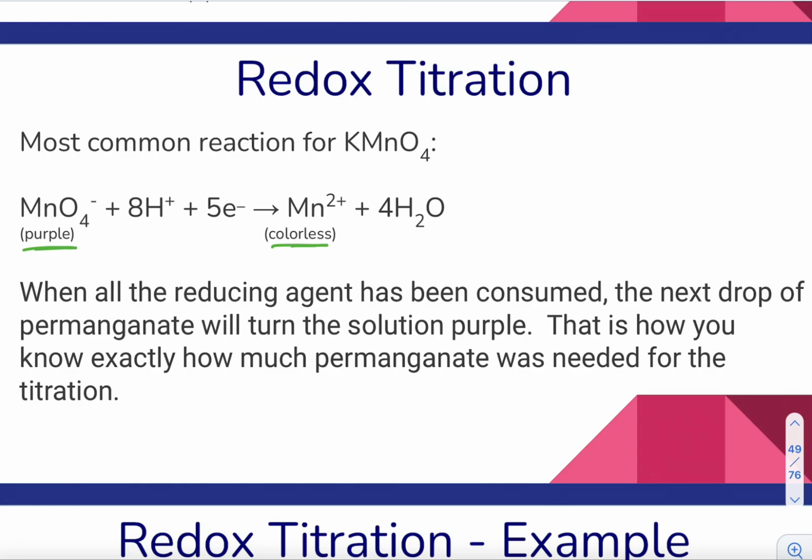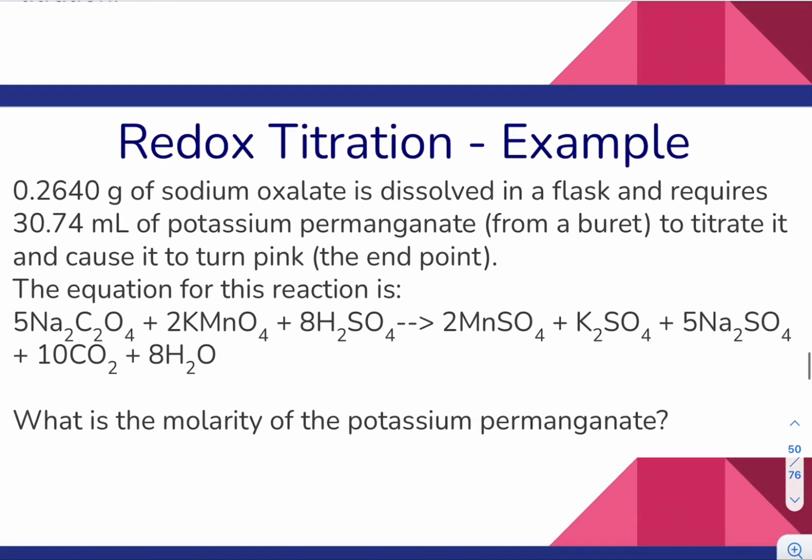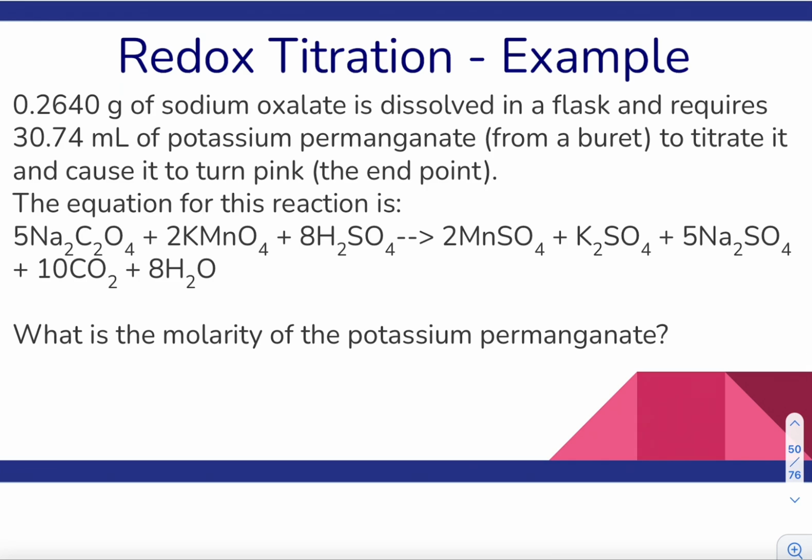So this is just a little bit of background. The actual mechanics of titration will be a lot more clear when we start doing titrations. So we'll get there. That won't be an issue. We'll probably do a redox titration relatively soon. But for right now, we're just going to talk about the actual problems.